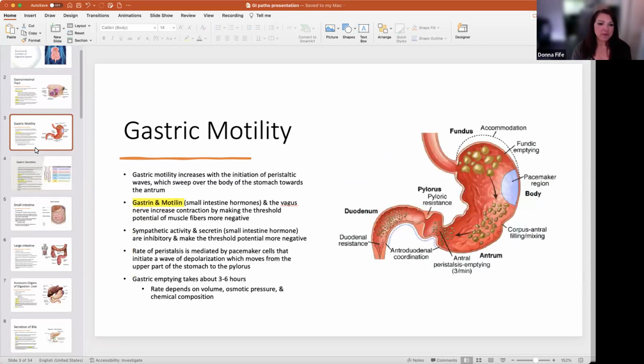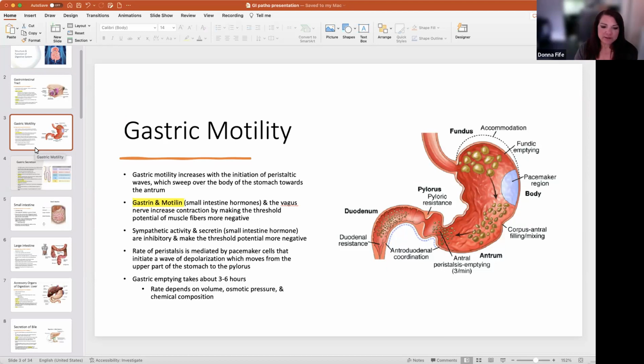Gastric motility. This increases with the initiation of peristaltic waves, and they sweep over the body of the stomach towards the antrum. Gastrin and motilin, these are small intestinal hormones, and the vagus nerve, they increase contraction by making the threshold potential of muscle fibers more negative. Sympathetic activity and secretin, which is a small intestine hormone, are inhibitory, and they make the threshold potential more negative.